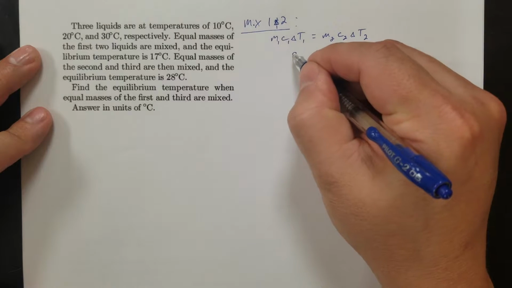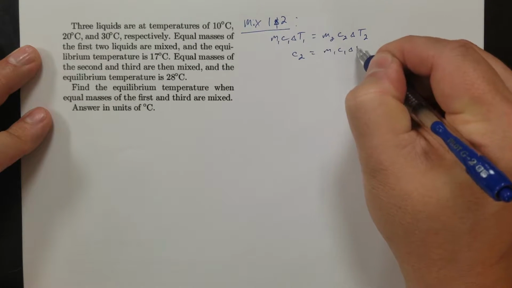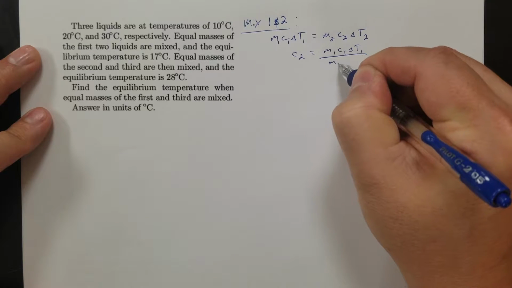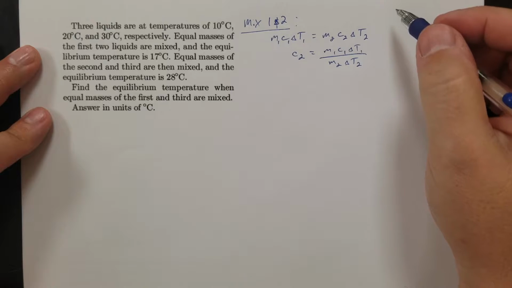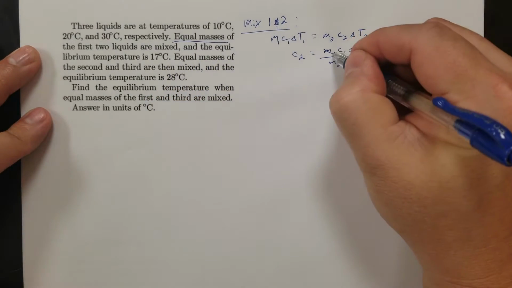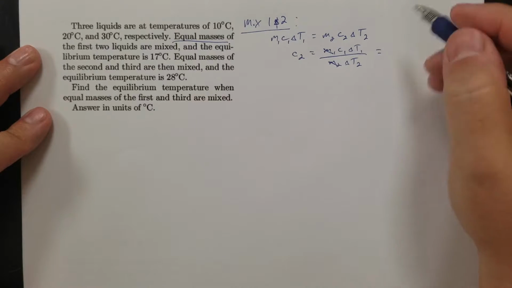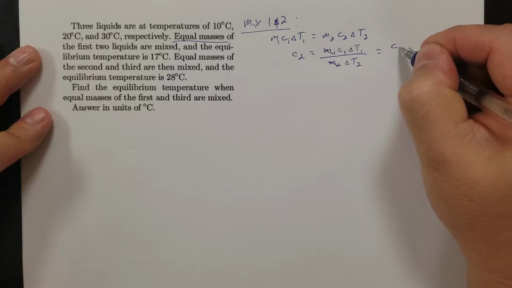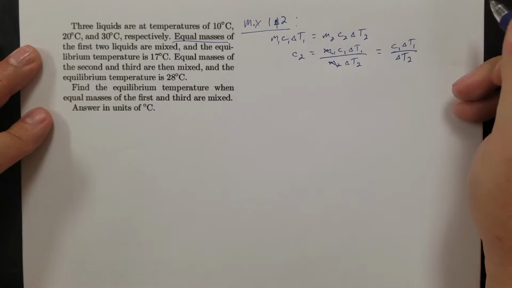So C2 is equal to M1 C1 delta T1 over M2 delta T2. Okay, and equal masses, right? So that cancels out. So C2 equals C1 delta T1 over delta T2.